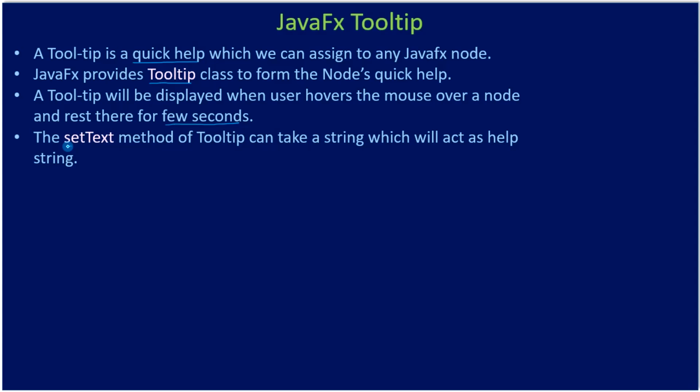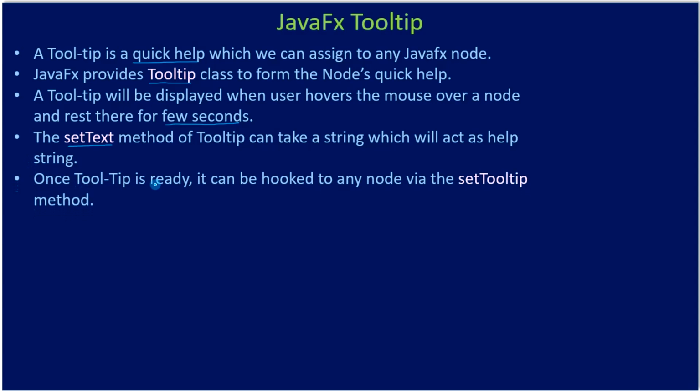The setText method of a tooltip can take a string which will act as a help string. Once a tooltip is ready, it can be hooked to any node via the setTooltip method.